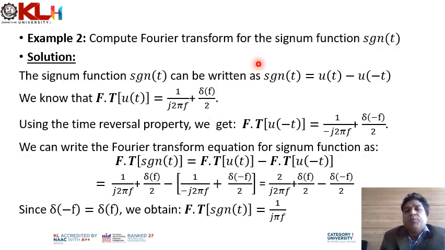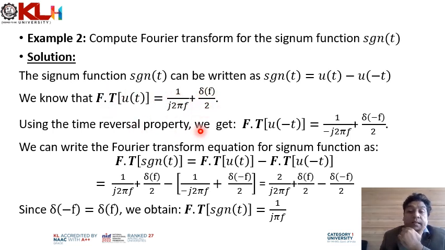Now we are going to compute the Fourier transform of the signum function. The signum function can be written, as we saw in the previous slides, as u of t minus u of minus t. We know already from the previous problem that the Fourier transform of u of t is 1 by j2 pi f plus delta f by 2.